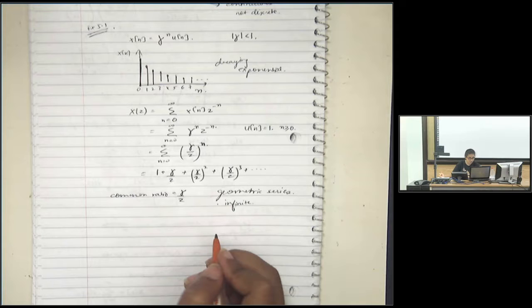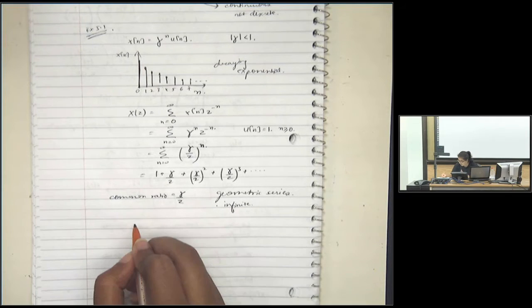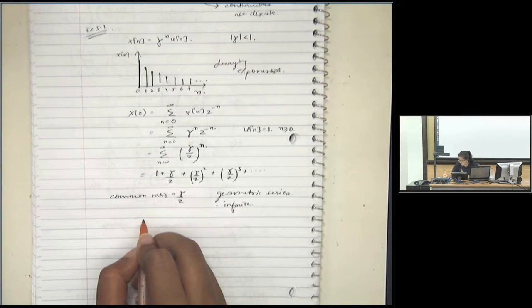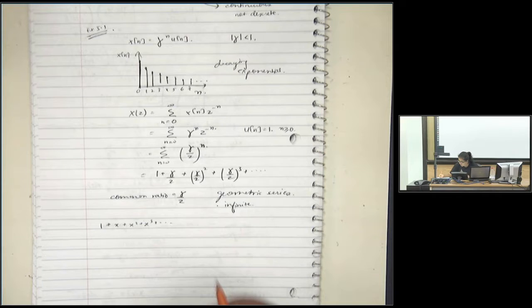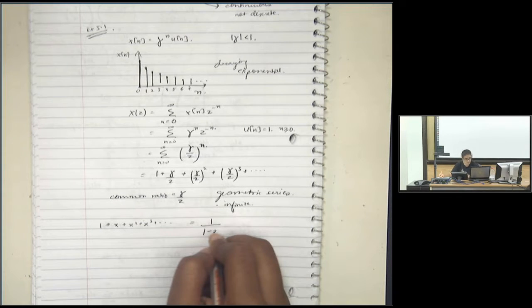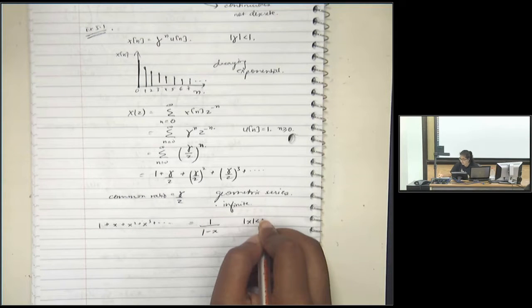All right, so if it's an infinite geometric series, we have a formula for the sum. So for example, this is a geometric series 1 plus x plus x squared plus x cubed and so on. The sum is given by 1 over 1 minus x, right? If the absolute value of x is less than 1. So x here is a common ratio.